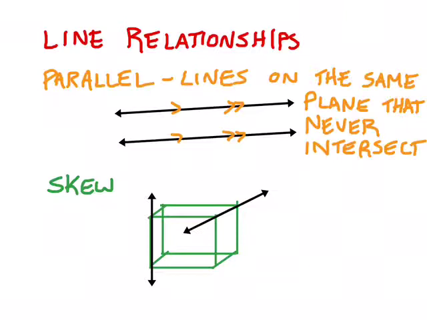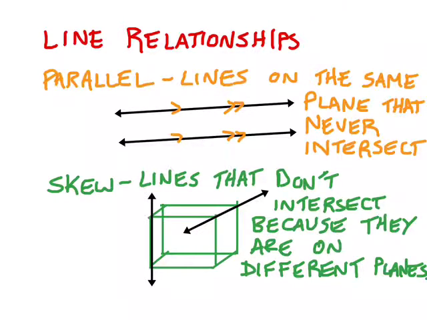If we imagine these lines in three-dimensional space, hopefully we recognize that they're actually never going to intersect with one another, but it's not because they're parallel. It's because they actually occupy two separate planes. They're never going to cross because in three-dimensional space they don't share the same plane.